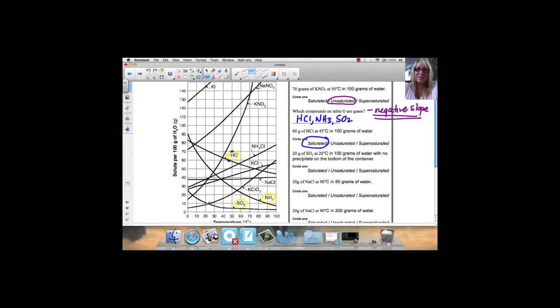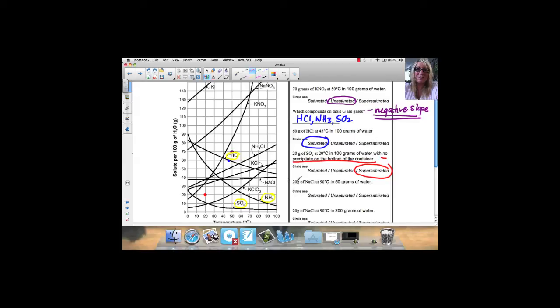So here's 20 degrees Celsius, 20 grams. And we're talking about SO2. Here's SO2. It's above the line, so this is going to be supersaturated. Even though it says no precipitate on the bottom of the container, it eventually will fall out and it'll precipitate.